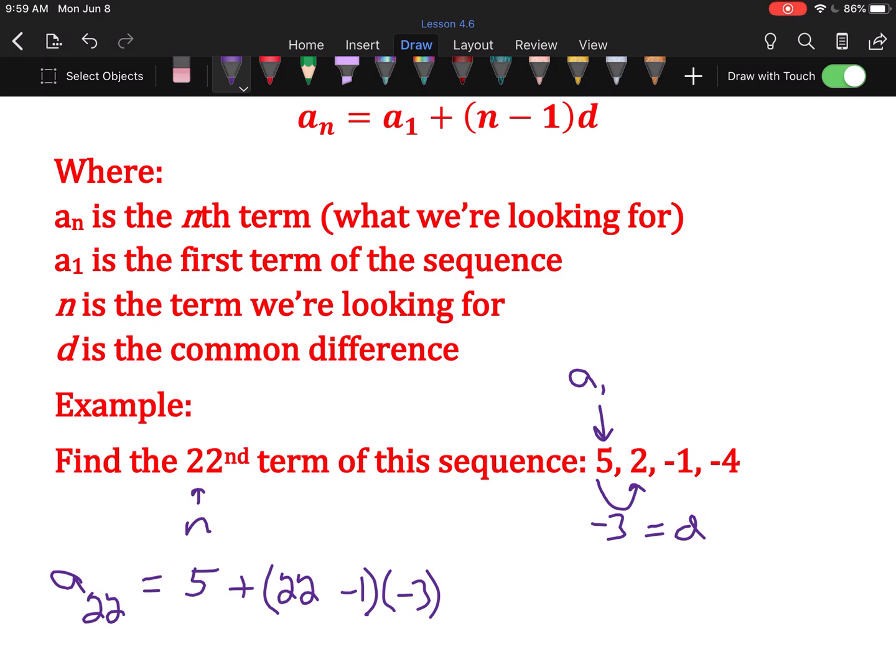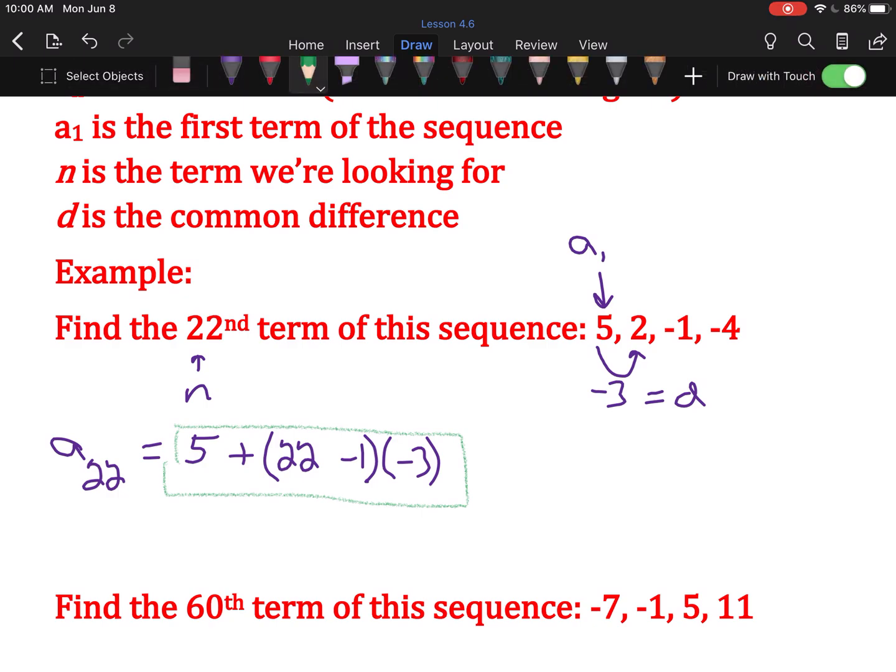Order of operations needs to be followed now, because really what we're looking at is saying we need to do this arithmetic. The order of operations tells me to do what's inside the parentheses first. So 22 minus 1 is 21. I must multiply second. So 21 times negative 3 is negative 63. 5 plus negative 63 is the same thing as 5 minus 63.